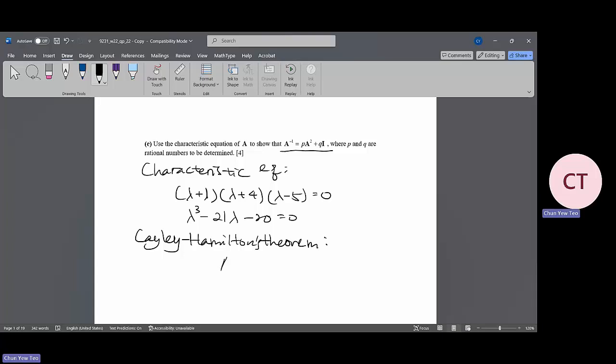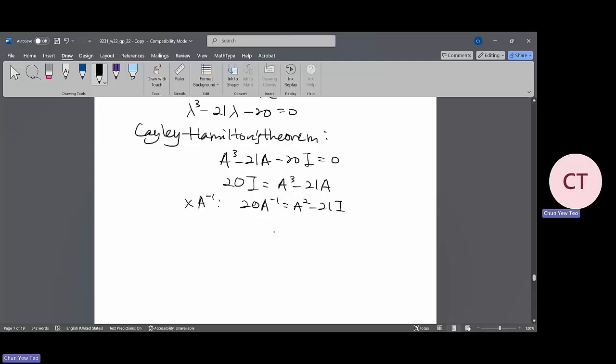it says that A cubed minus 21A minus 20I will equal to the 0 matrix. So you will have 20I is equal to A cubed minus 21A. Multiply everything by A inverse. You get 20A inverse is equal to A squared minus 21I.